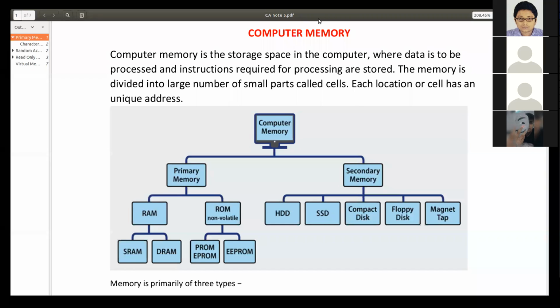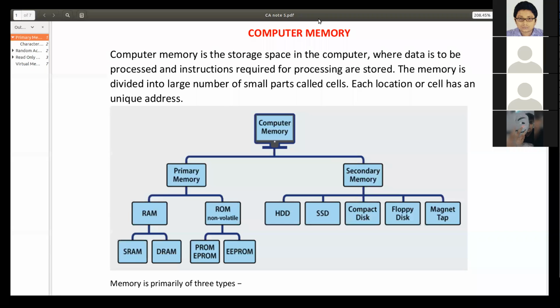That means whatever data is stored in the RAM will be deleted completely whenever our computer system is shut down or switched off.